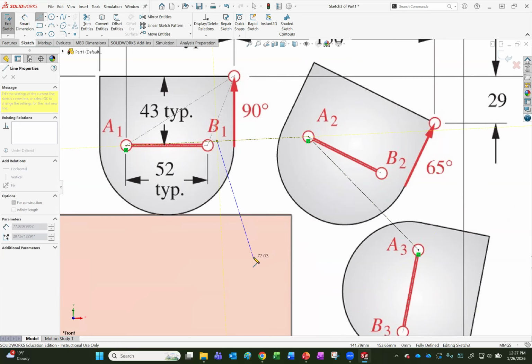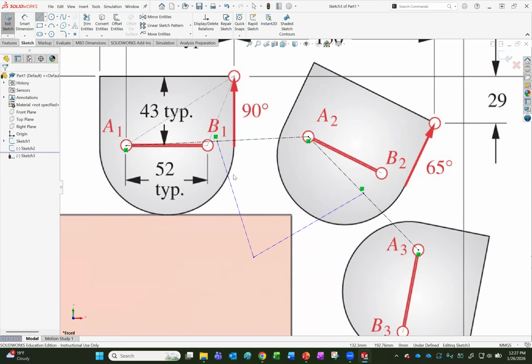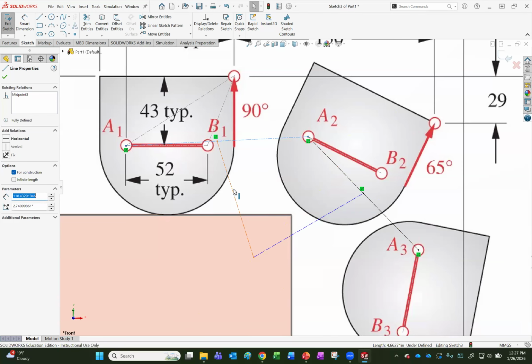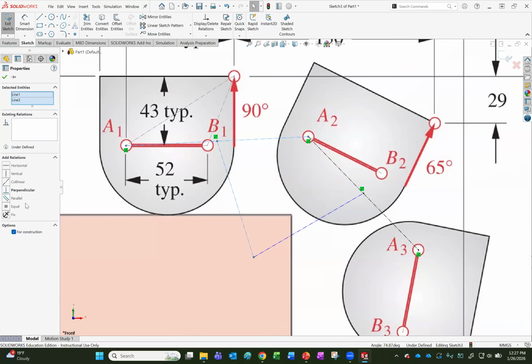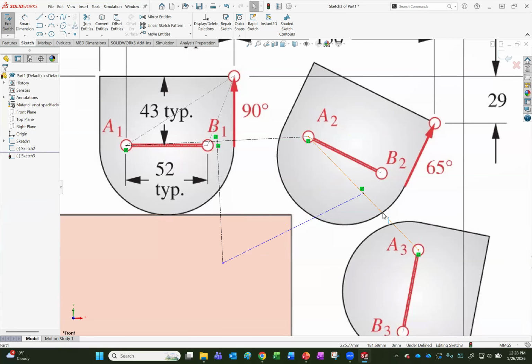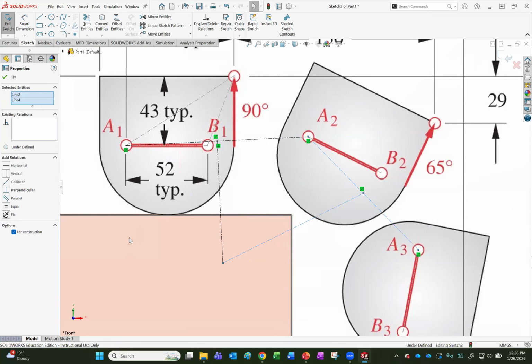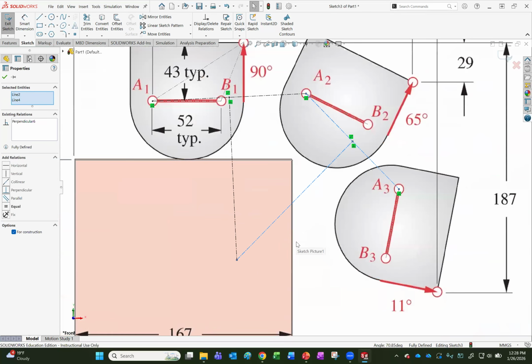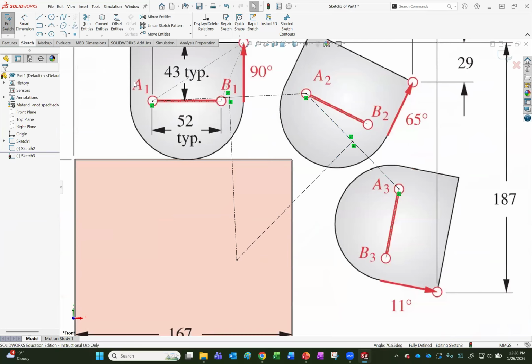Okay, so I'm purposely not making it perpendicular right now. Okay. And then I can make the perpendicular afterwards. Perpendicular, and then get out of that and then grab that one and that one together at the same time. Make them perpendicular. Boom. All right, so there is the first ground point.